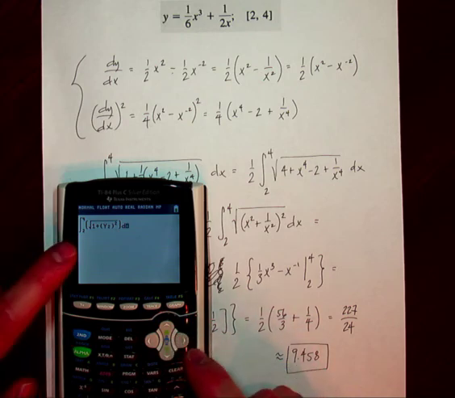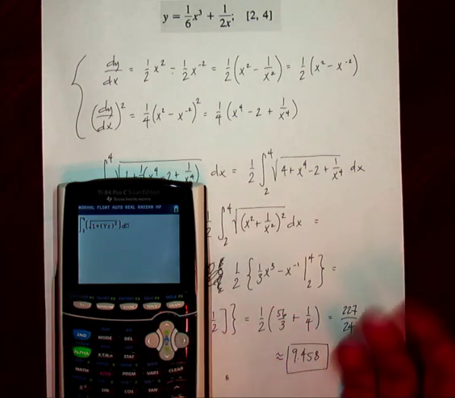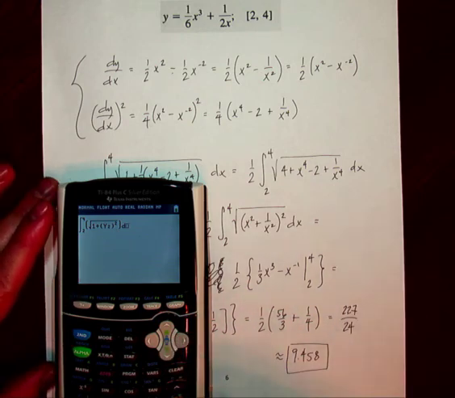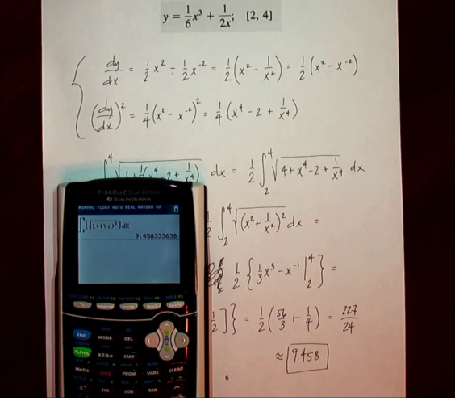And that is 1 plus dy dx squared, because y2 is the derivative of y1. That's the way that I've constructed it. Ta-da! And there you go.